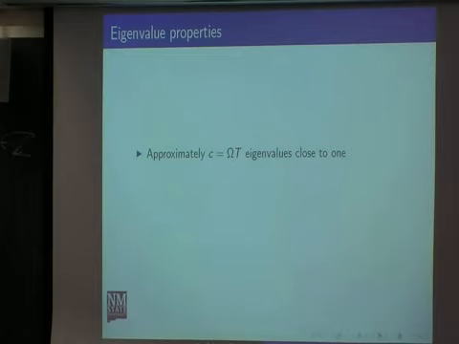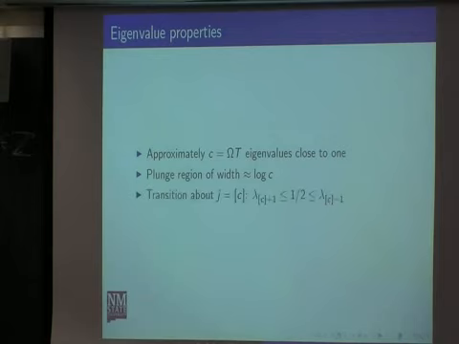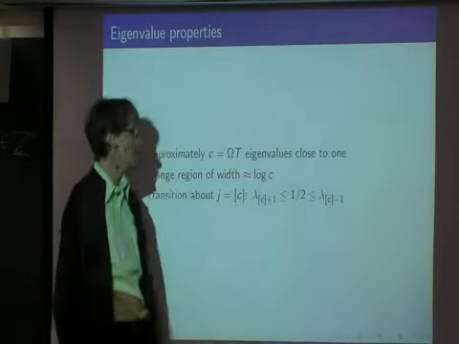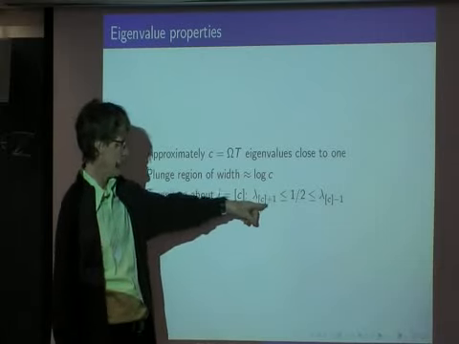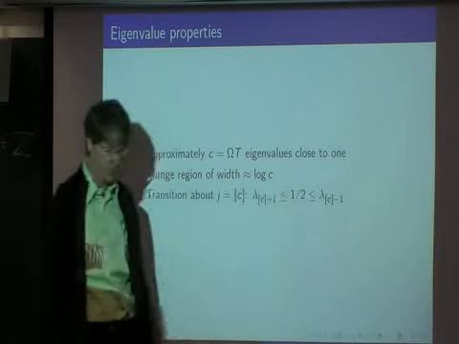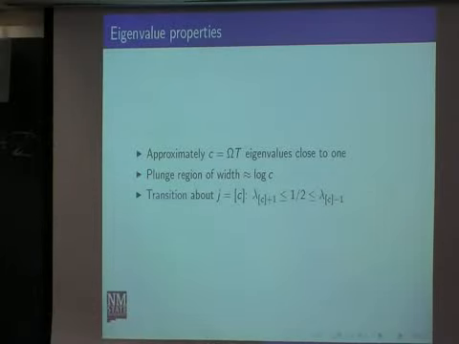And the eigenvalues are approximately the time frequency area omega t, eigenvalues close to 1. The eigenvalues then plunge over a region with approximately the log of the area, and there's a transition around an eigenvalue of 1/2. So the next eigenvalue, the area plus 1, is less than or equal to 1/2, and the area minus 1 is bigger than or equal to 1/2.